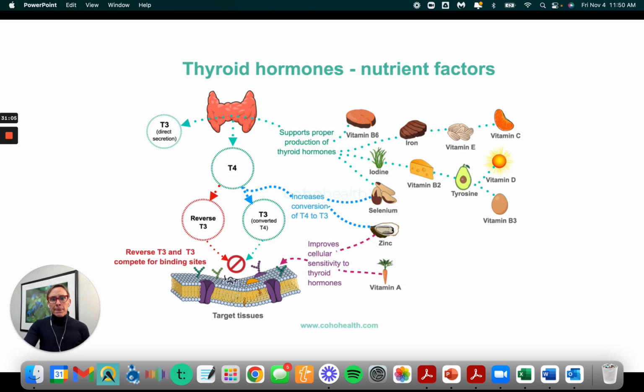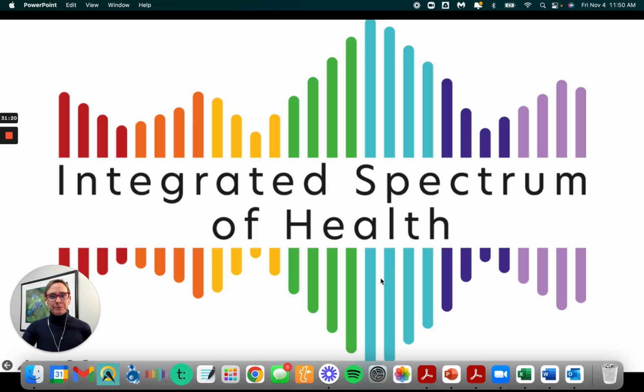And then there are certain nutrients that affect each of these biochemical processes: B vitamins, iron, vitamin E, vitamin C, tyrosine, vitamin D, B3, vitamin B12, selenium, zinc, and vitamin A.